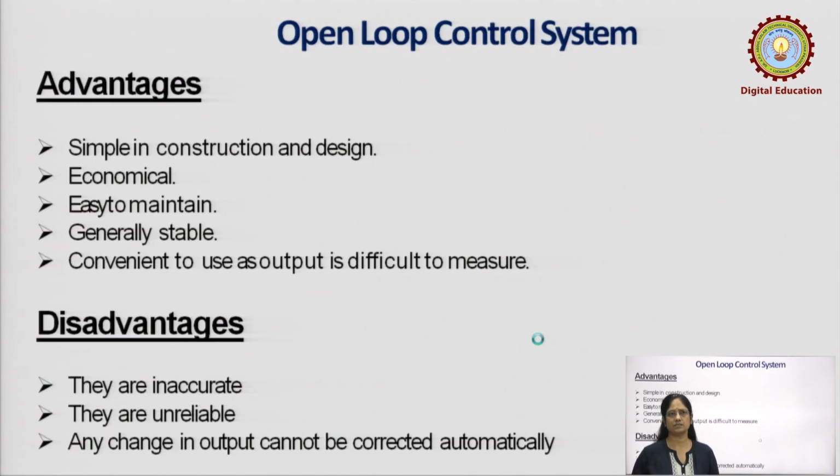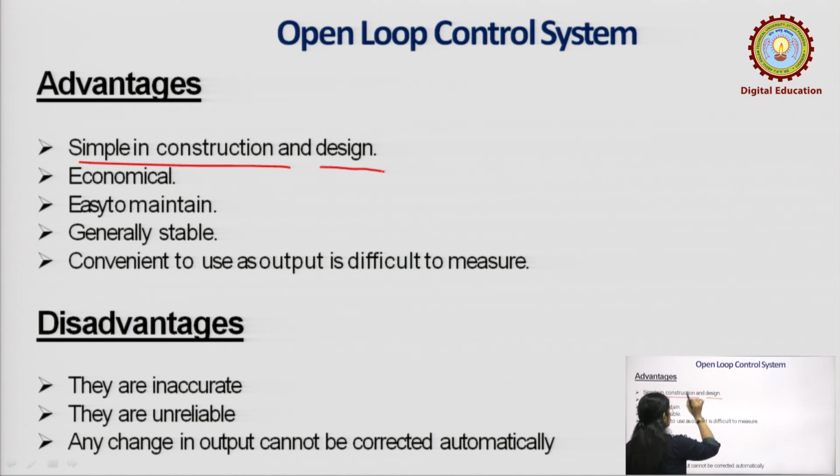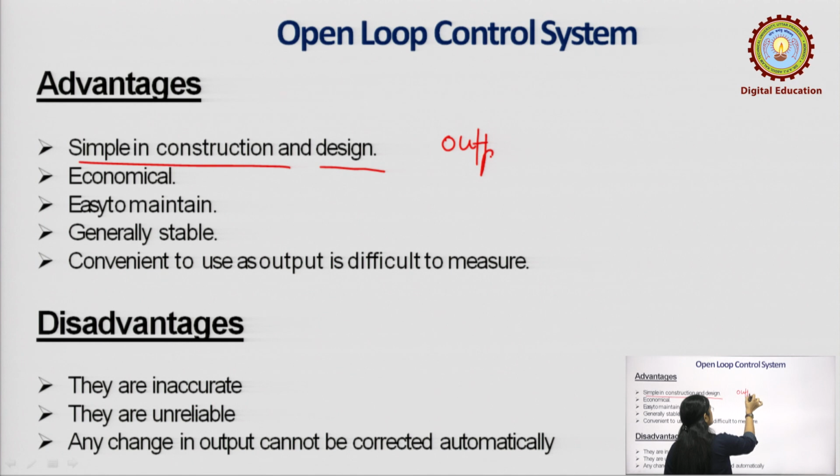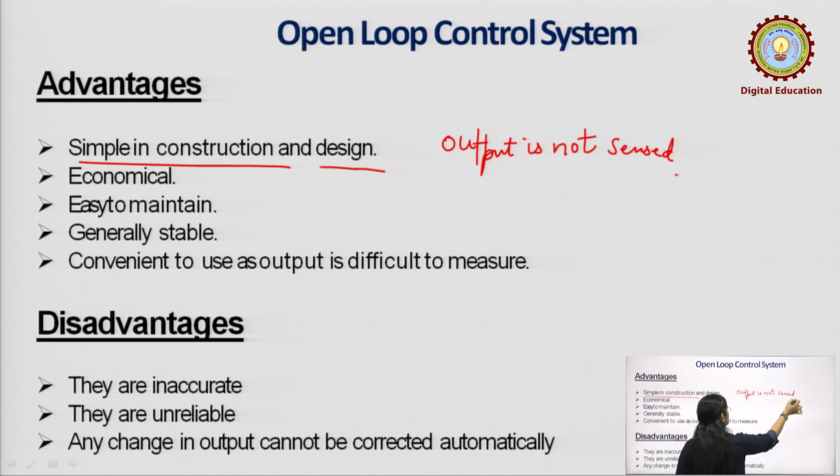Now, some advantages of open loop control systems. Once we understand these advantages, we will switch to the closed loop control system. One is that it is very simple in construction and design, because the output is not sensed.